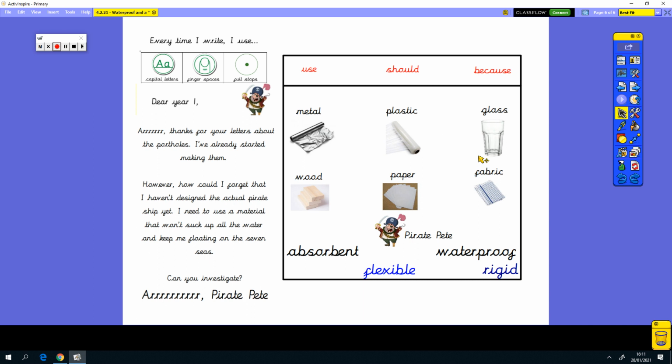It's got all of the material words that you will want to use, Pirate Pete's name, the scientific properties to help you tell him why he should be using that material, and then some tricky words that are hard to spell. Use, should, because. Good luck writing back to him, and we can't wait to see how well you get on.